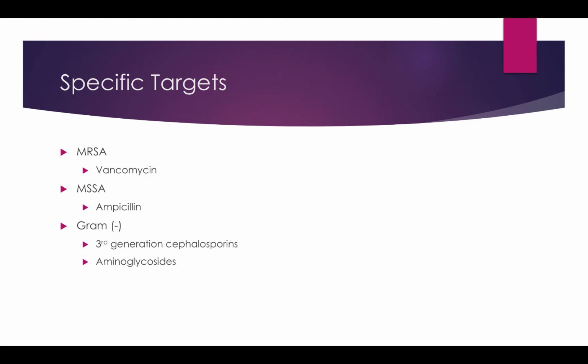So be sure to refer to that, as third-generation cephalosporins might not work on some of those agents, but for most bugs that are sensitive, for gram-negative coverage, third-generation ceph and aminoglycosides are a couple of good options.